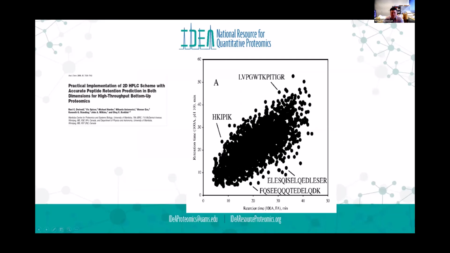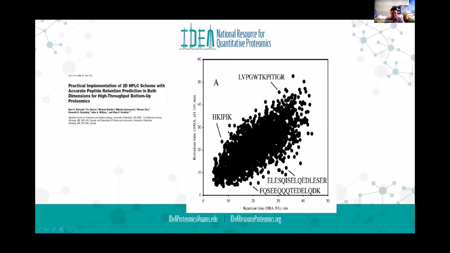This figure illustrates why that works. The x-axis is retention time for each of these peptides under acidic conditions, and the y-axis is retention time for the same peptide under basic conditions.